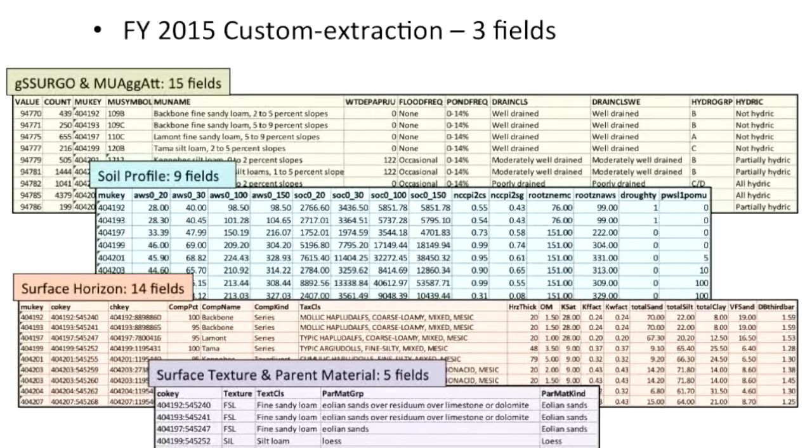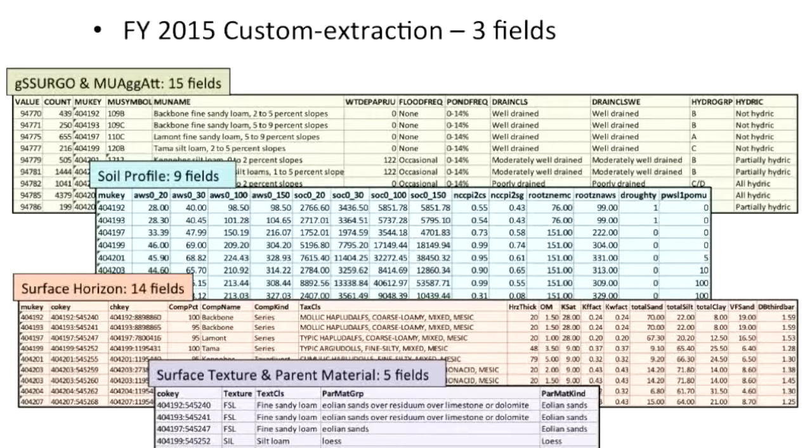So these are the fields, or some of them actually, that we extract. We pull 40 fields from these variety of databases. You can see the numbers there.